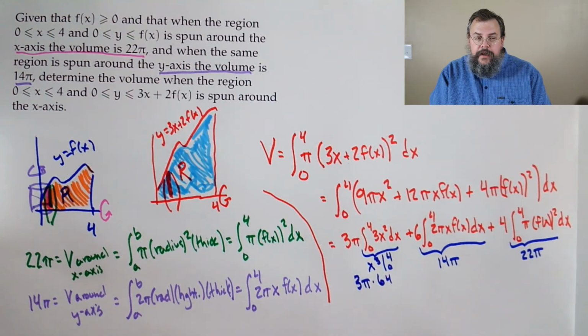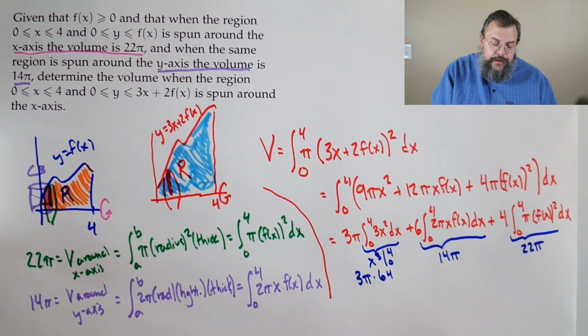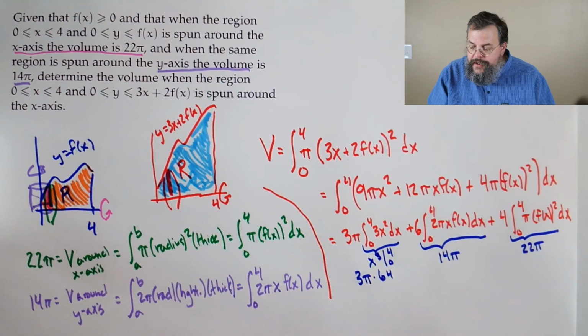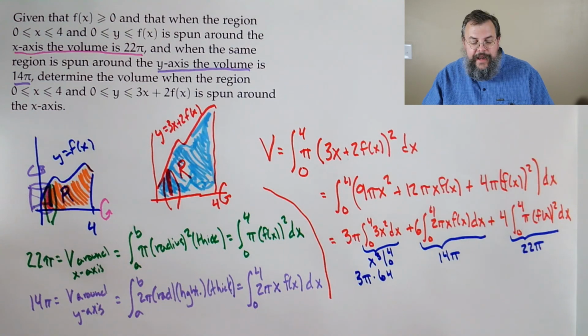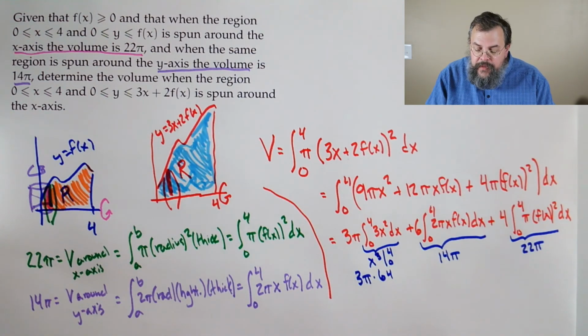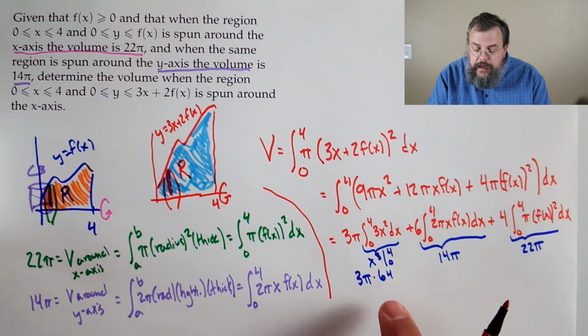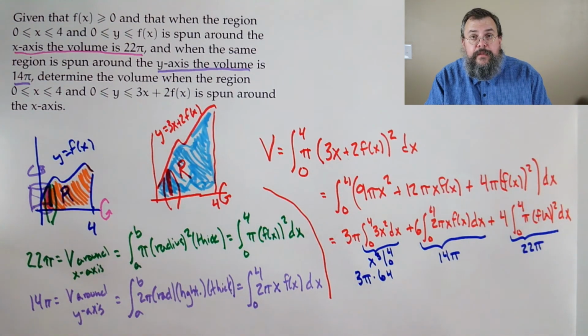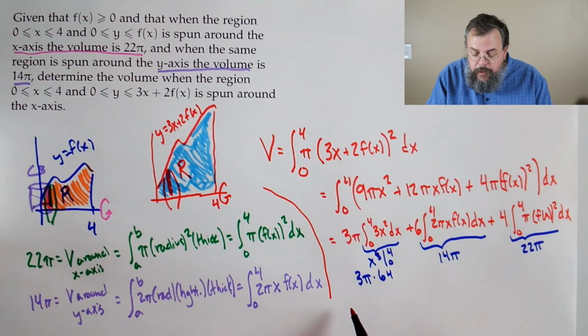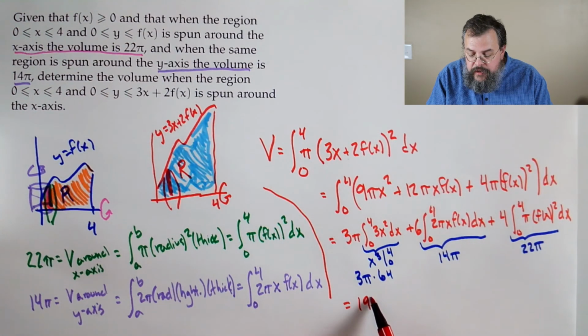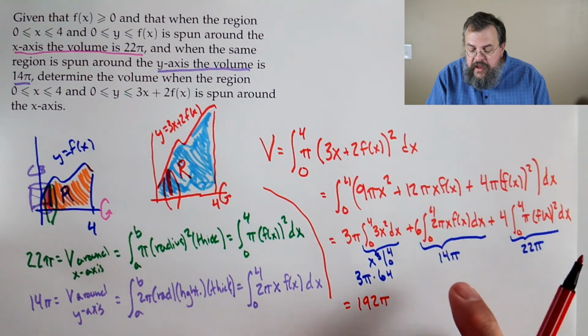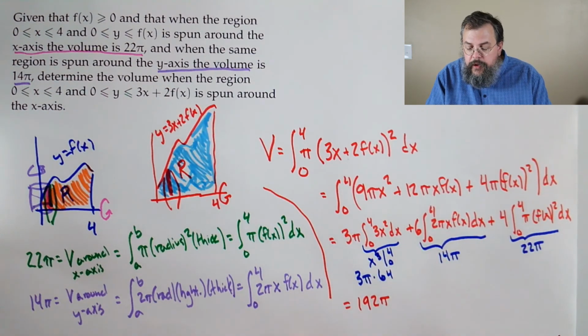All right, well, now the time for us to finish it. Let's get an answer. We always want answers. Answers are great. 3 times 64, that would be 180 plus a dozen more. 3 times 4 is 12. So that's 192 pi. 6 times 14.